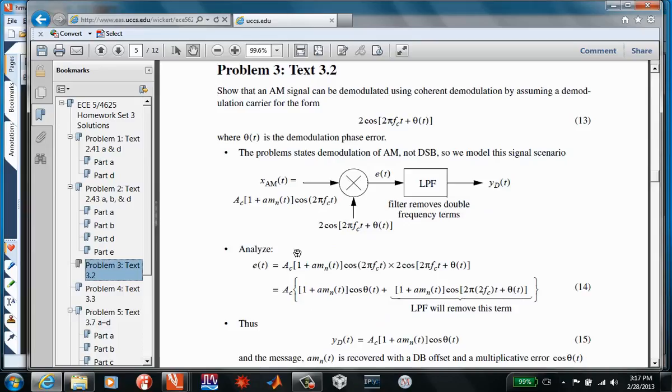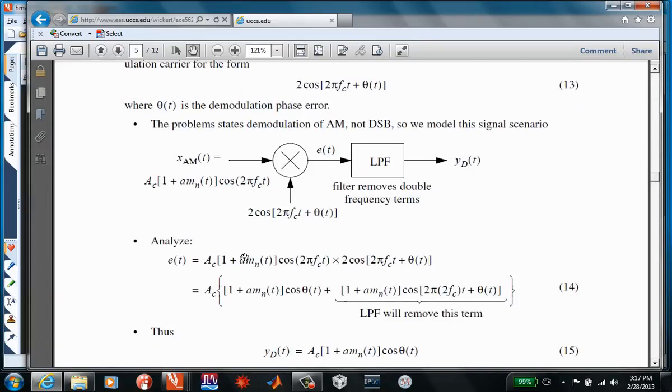DSB is double sideband, so that's what we've been talking about. Right. AM is double sideband plus carrier, so it's like an augmentation. Yeah, the double sideband, and I can't draw on this.